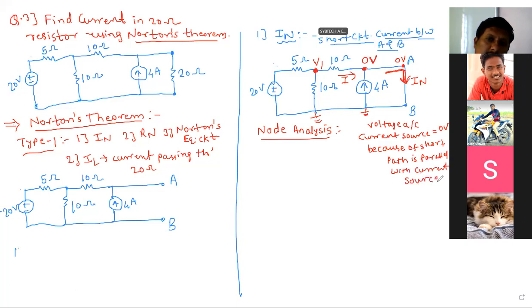Voltage across current source is 0 because of short path is parallel with current source. Okay, this node point you can remember for understanding purpose.